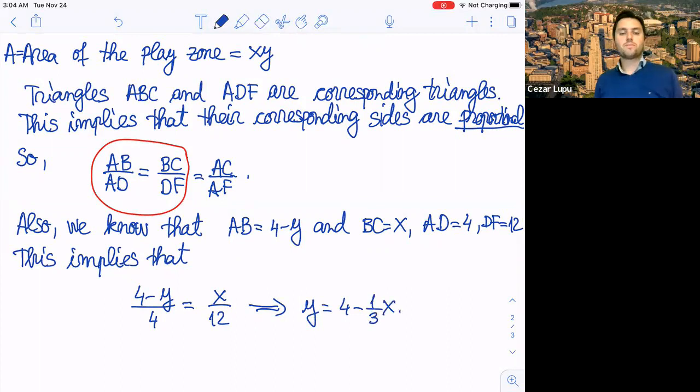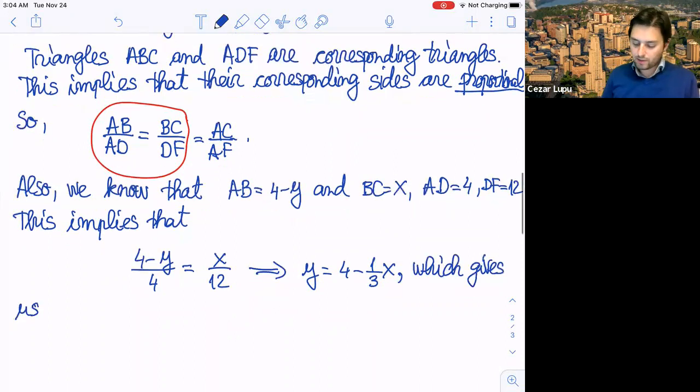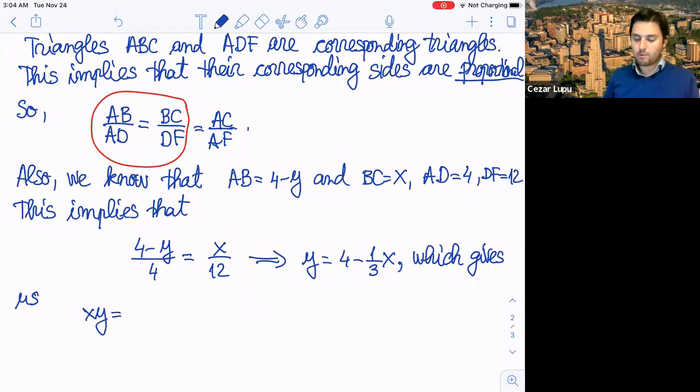So we get this equation. So we can write y in terms of x in this way. Now, if we multiply by x, this will give us xy is the same as 4x minus 1/3 x squared, right? So note that the problem had initially 2 variables, but now it has only 1 variable.